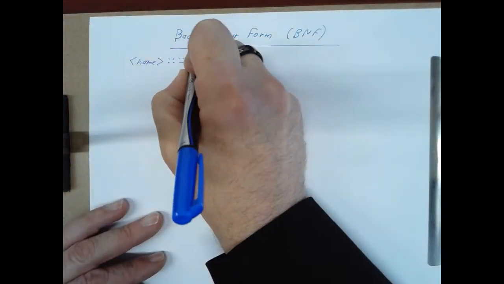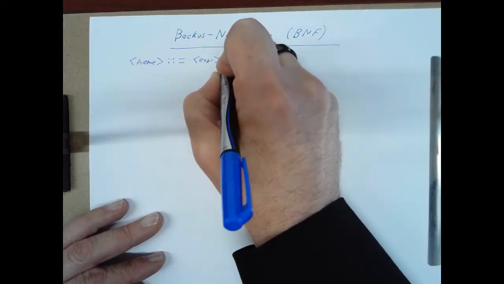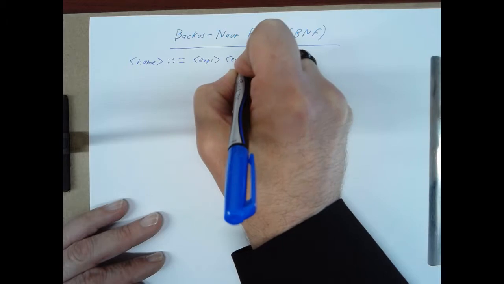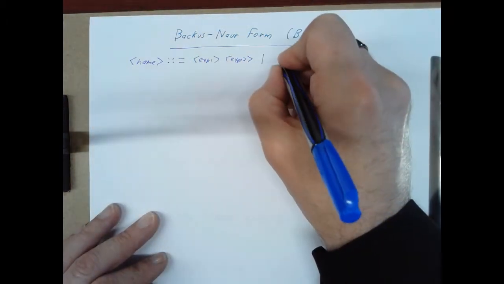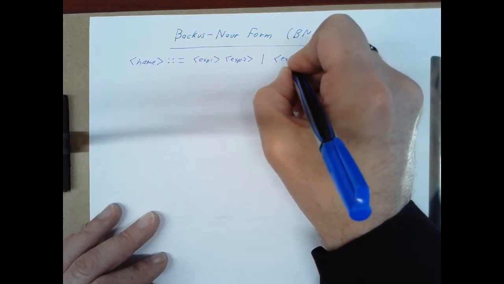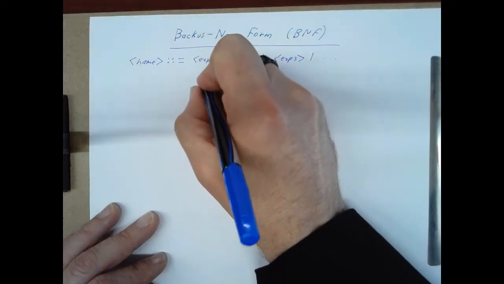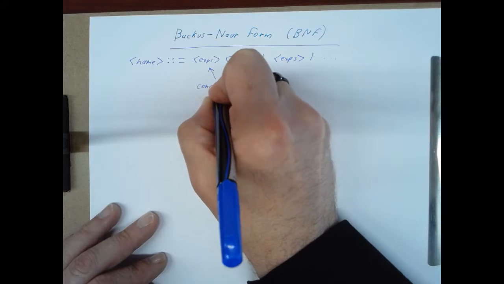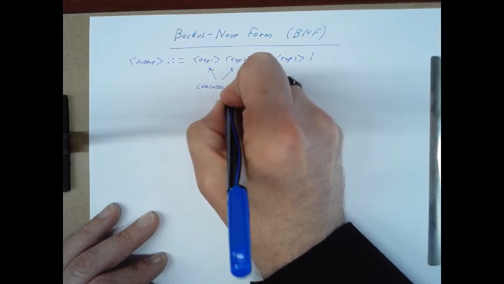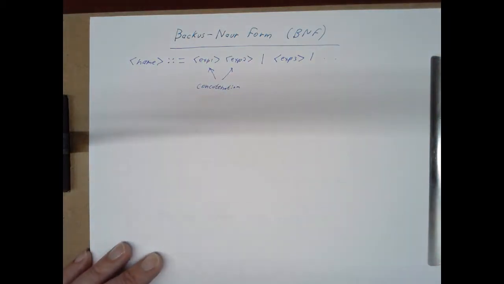But this is equal to, and you can have some other expression followed by some other expression, or could be some different expression or something else. So this is concatenation. We're saying a name, it would be an expression 1 followed by an expression 2.